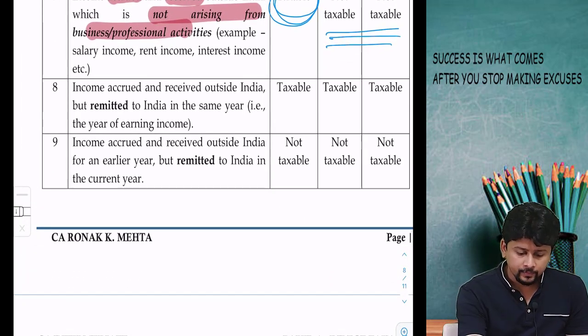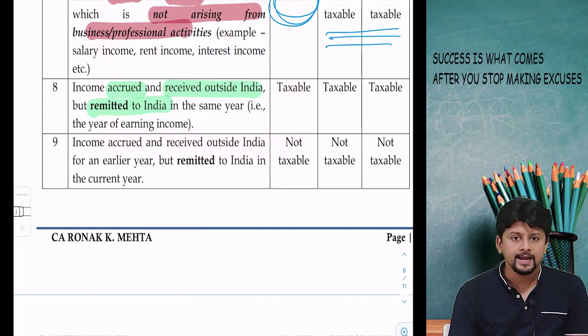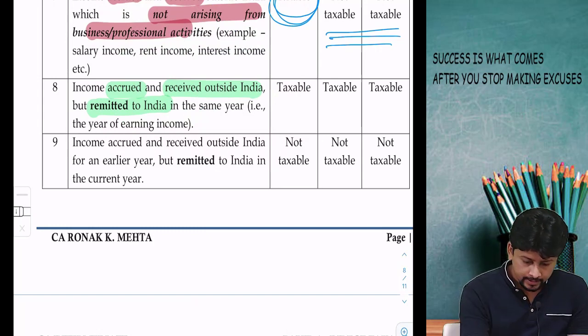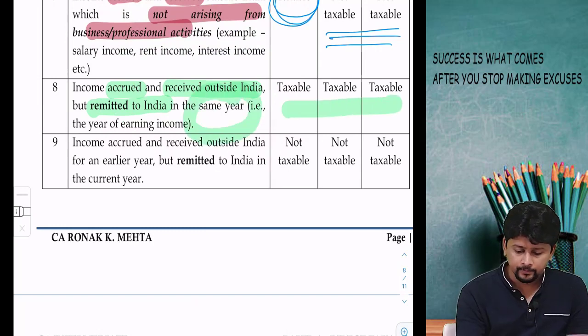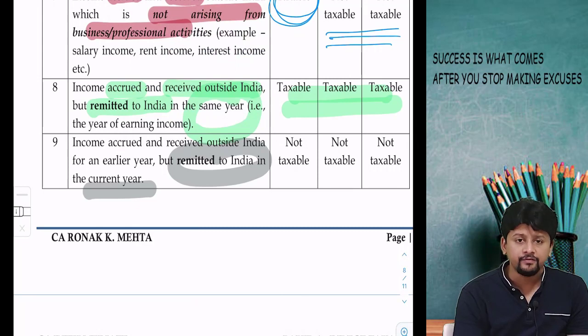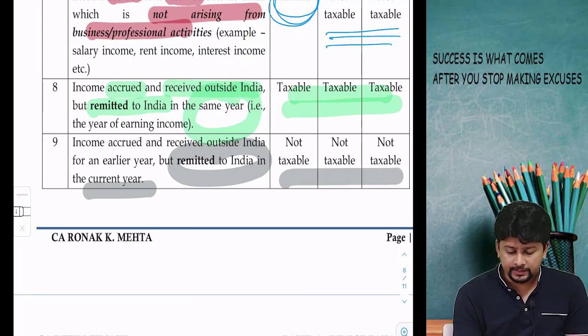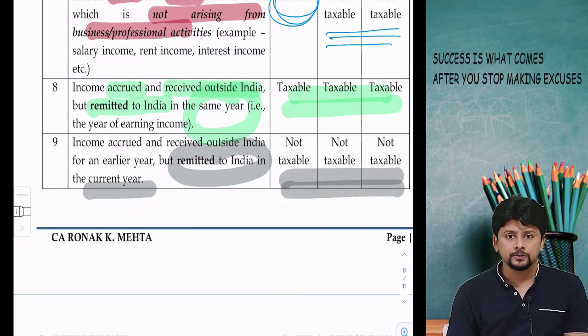Last concept, if income is accrued outside, received outside, but brought into India, remitted to India. Now if it is remitted in the same year, it is taxable. But by chance, if it is remitted in a different year, then it is not taxable in the year of remittance.